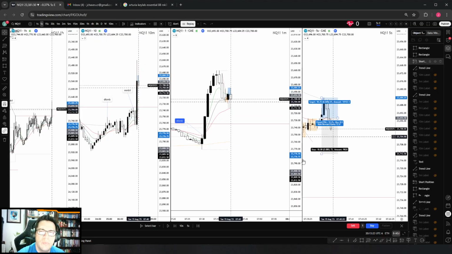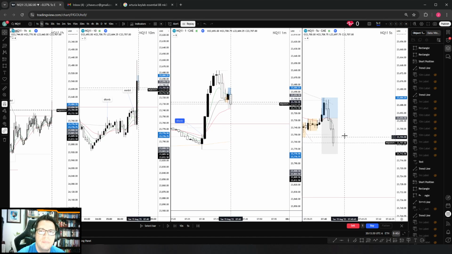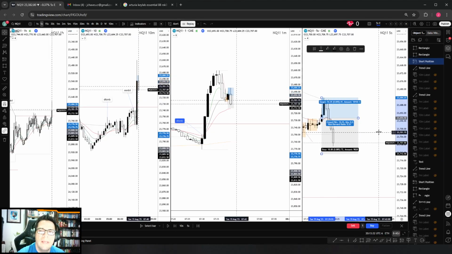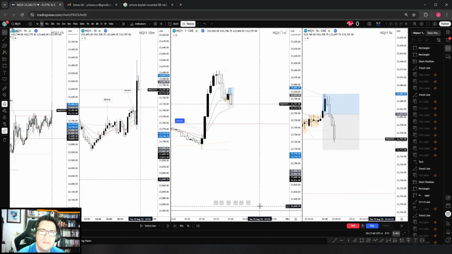So at this point we are still under the 50% drawdown. Now we are over the 50% drawdown. So at this point I moved my stop loss to break even.